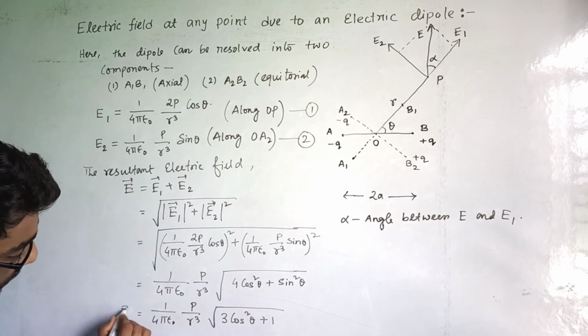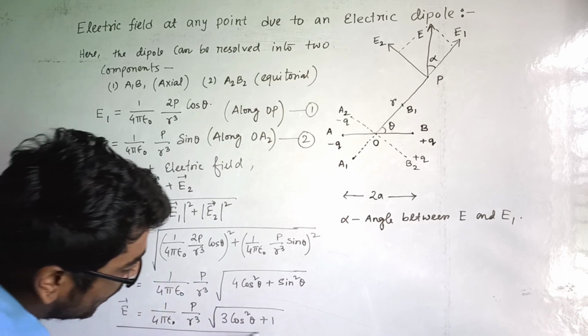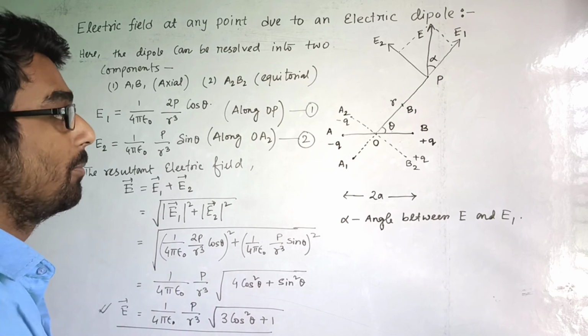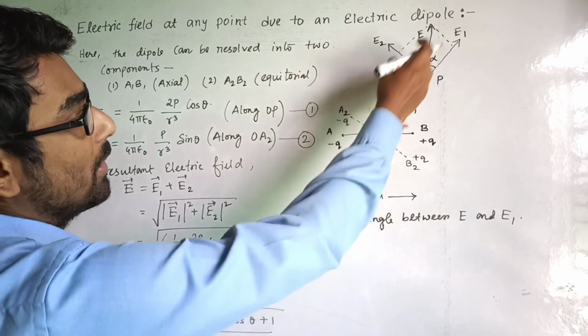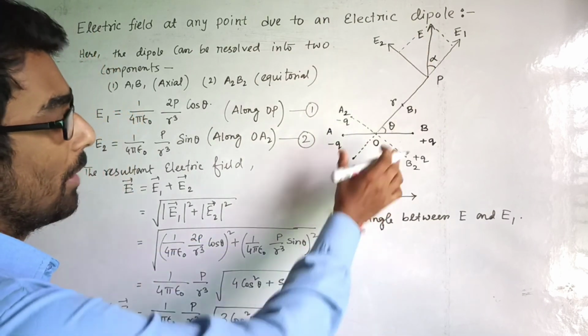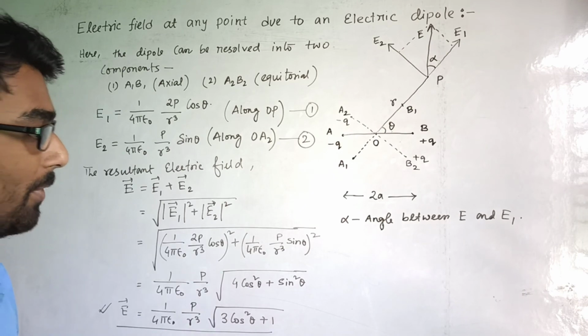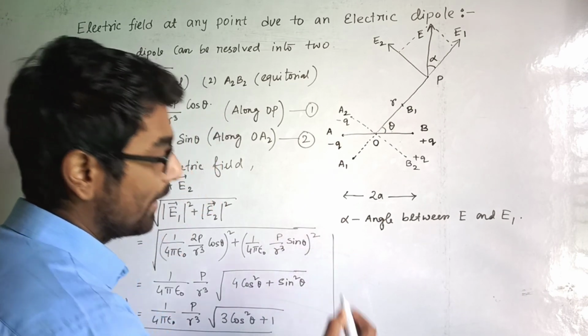And this is the ultimate expression for electric field at any point, that means a point which makes angle theta with the dipole. Now what will be the direction?